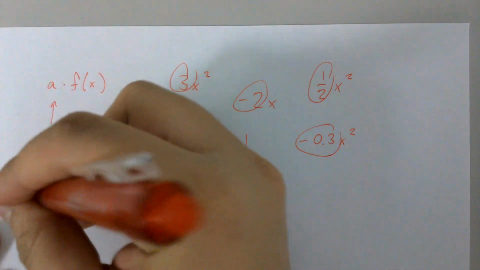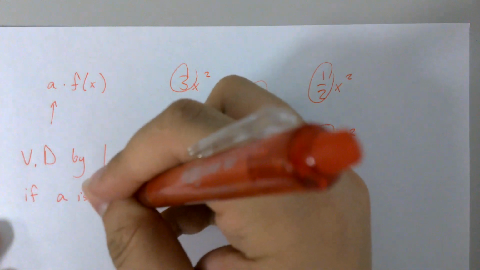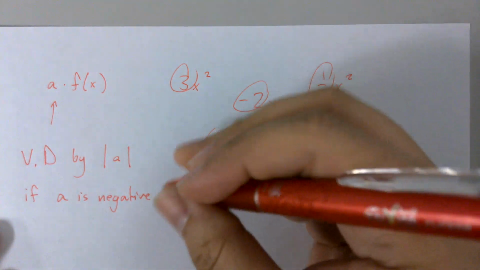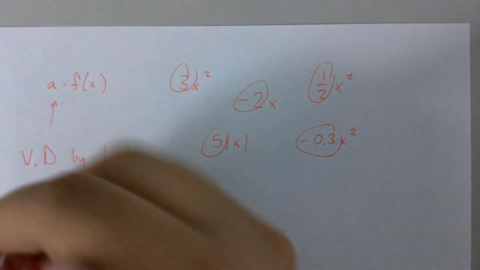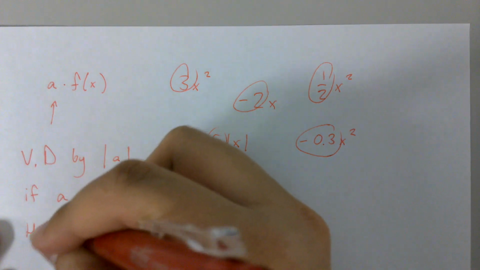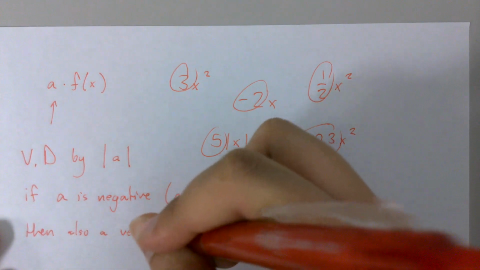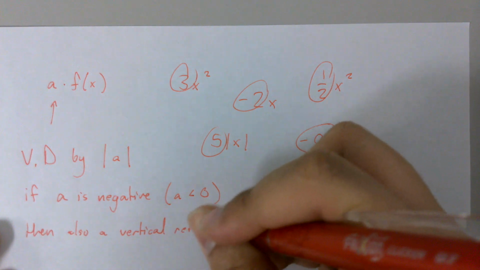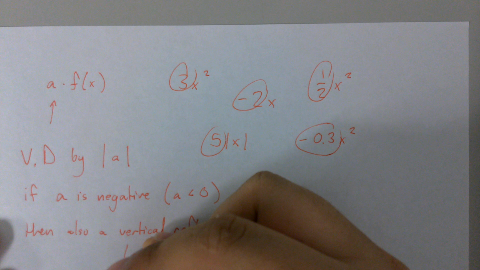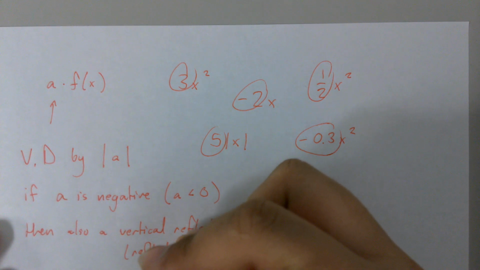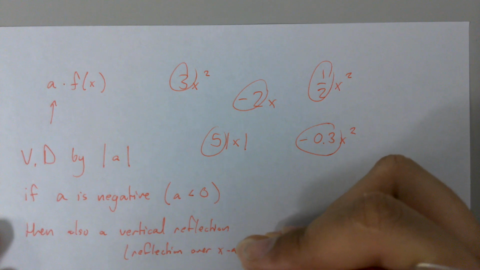However, if a is negative, so if a is less than 0, then it is also a vertical reflection, also known as a reflection over the x-axis.